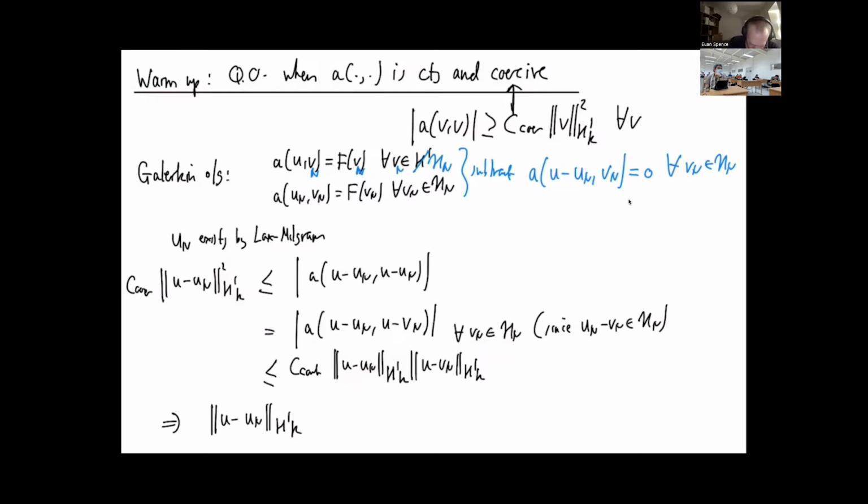Quasi-optimality bounds this Galerkin error by a constant times the norm of U minus Vh, and this was proved for an arbitrary Vh, and so therefore I can choose the Vh such that this is minimized, and then we have quasi-optimality. Okay, and this argument is called Céa's lemma for the numerical analysis aficionados amongst you.